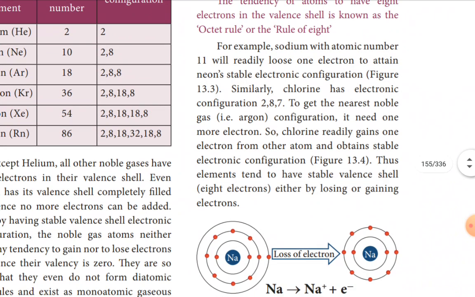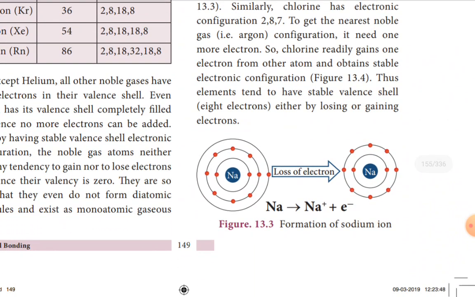Then the formation of the sodium ion is given in figure 13.3. That is a sodium atom. You have to draw this type of electron dot structure. Inside is the nucleus. You draw a small circle and mention the name of the element, sodium. The next shells are K shell, L shell, M shell.